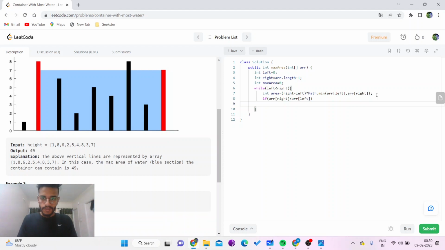Here right is minimum, and right is on this side, so we will decrease it, right minus minus. Else left plus plus.